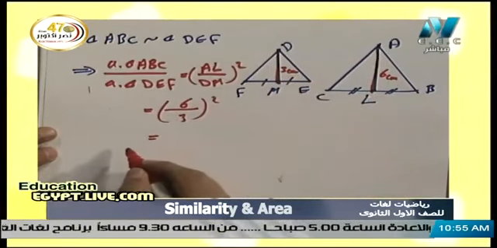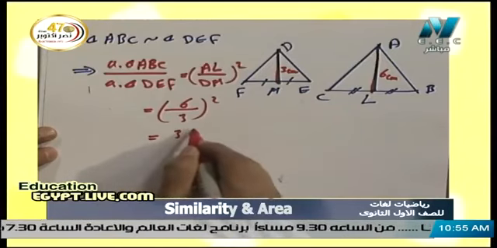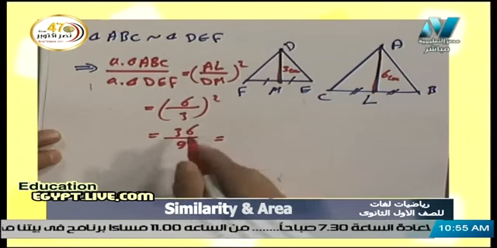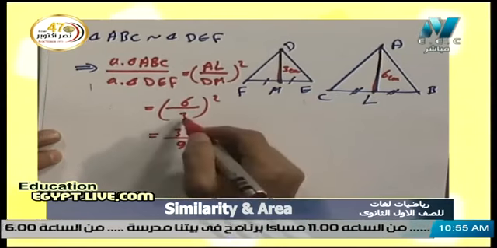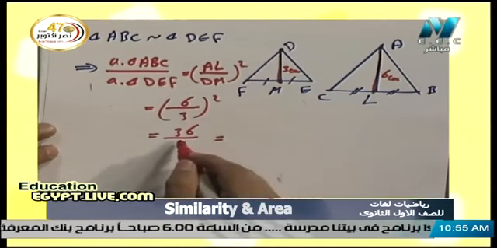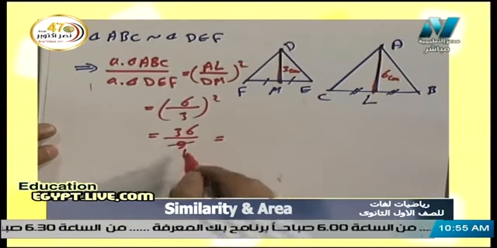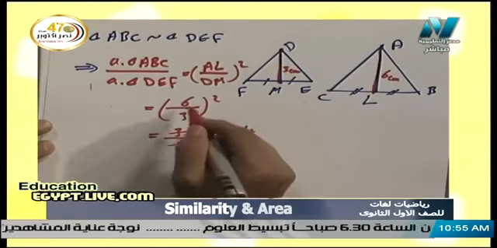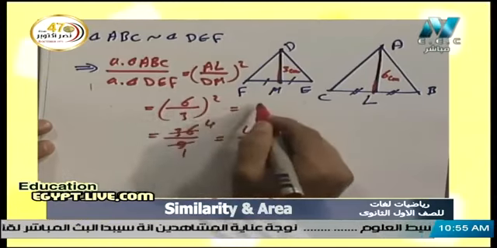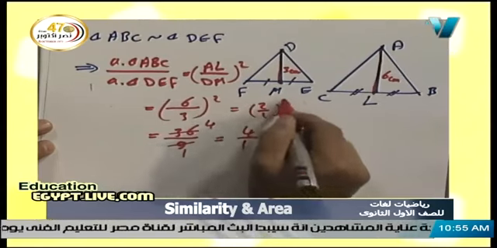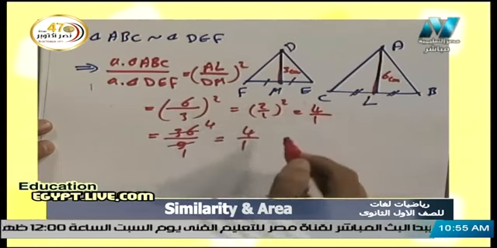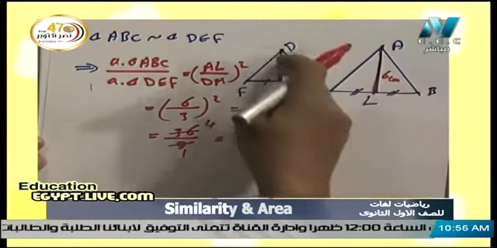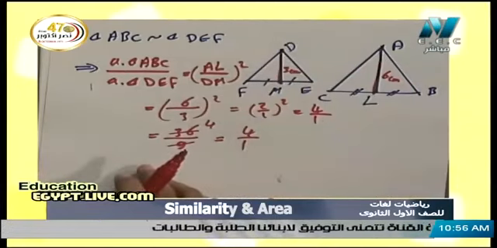Then the ratio between the two triangles equals 36 over 9, so yes, 6 times 6 equals 36, and 3 times 3 equals 9. And we can divide by 9, equals 4 over 1. From the beginning here, 6 over 3 equals 2 over 1, and we can square it to be 4 over 1. So the ratio between the area of two triangles, ABC to DEF, equals 4 to 1.